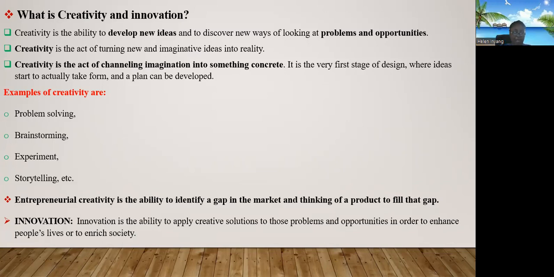Then the next example is storytelling. Storytelling is creativity. Somebody can sit down and create a story that looks real and tell you, and you believe it. It comes out of imagination.